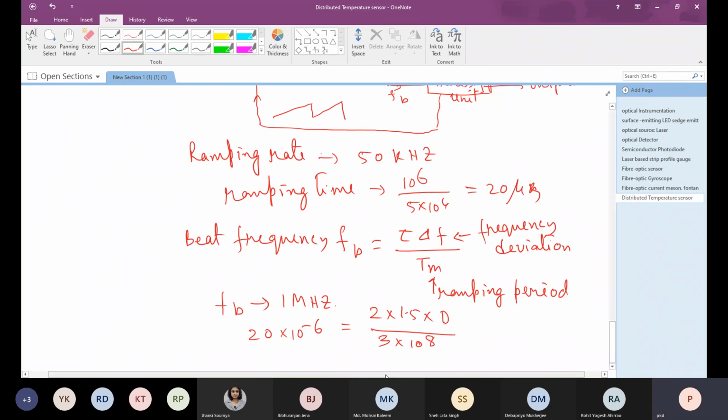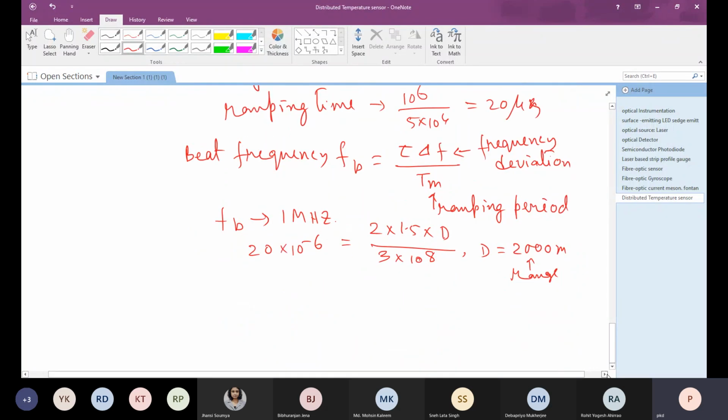So therefore D could be like 2000 meters would be the range, corresponding to the ramping time. The resolution of course will depend on how finely FB can be measured.